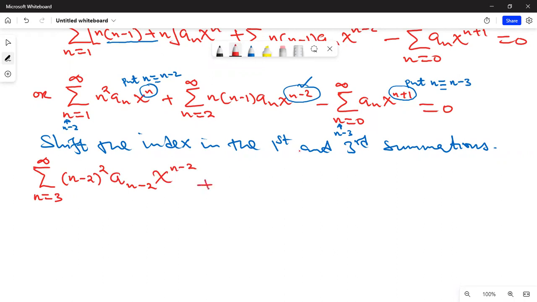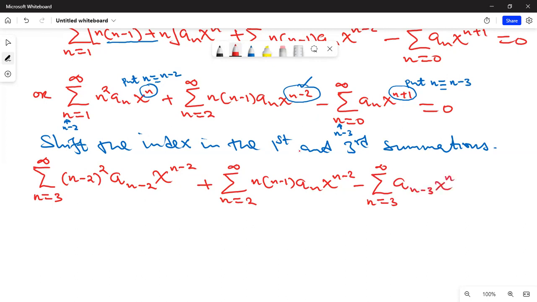The second summation, we retain it: the sum from n is equals to 2 to infinity n minus 1, a subscript n, x raised to n minus 2. But the third summation, I'm replacing n by n minus 3. So this will be the sum from n is equals to 3 to infinity a sub n minus 3 x raised to n minus 2. That should give us 0.